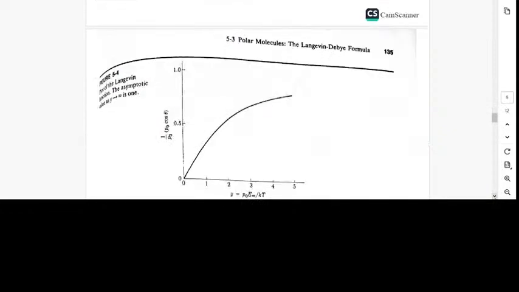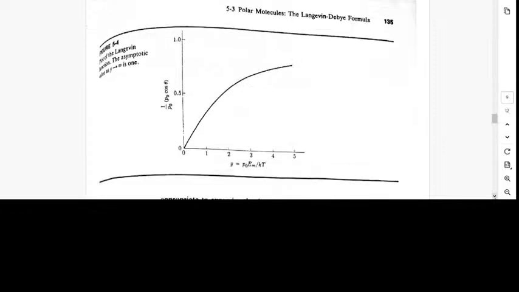In this graph, the value of electric field and temperature can be changed. Others are constant. And the plot is given for the Langevin function. We see that the asymptotic value as y tends to infinity is 1.